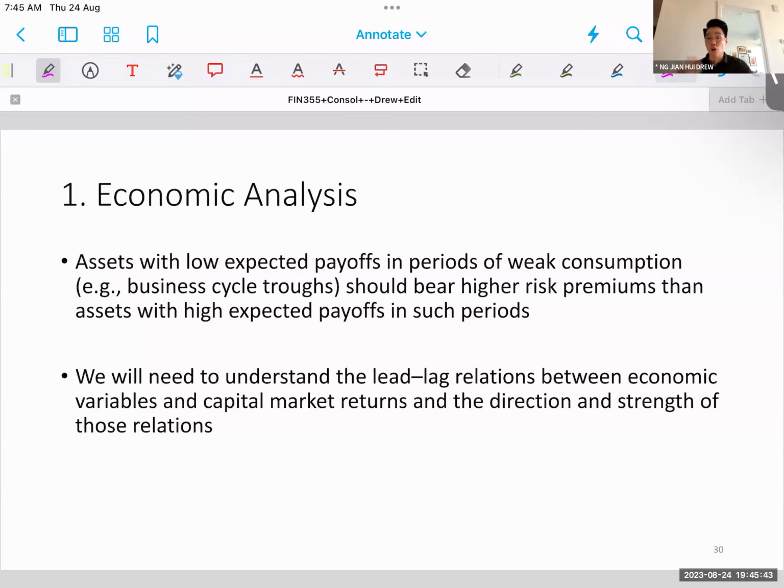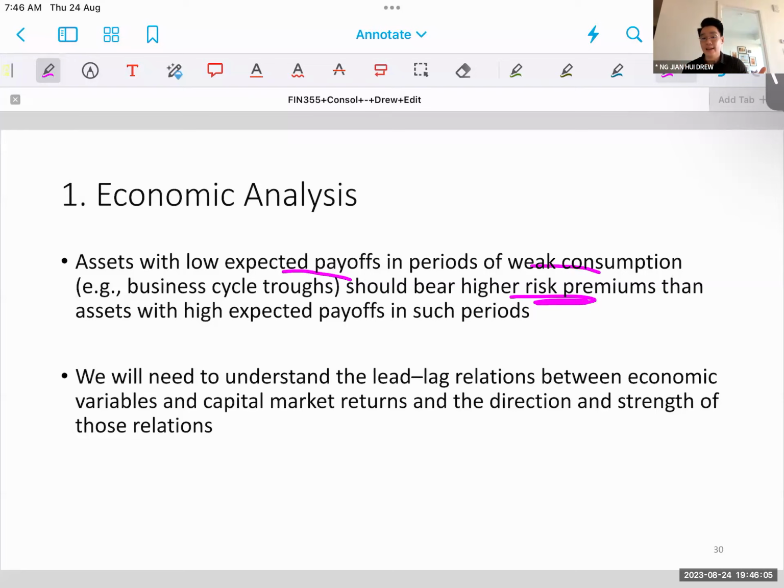Contrarian meaning that it goes in the opposite direction, right? So in a sense, for an asset with low expected return during weak economic conditions or a weak business cycle trough, you can't have a higher risk premium. So this means that the asset is going with the economic cycle, right?